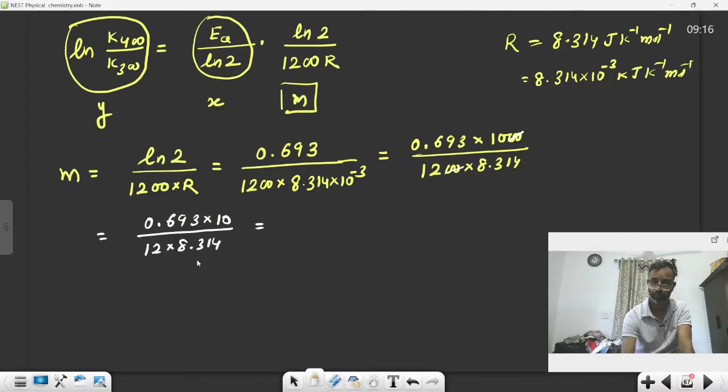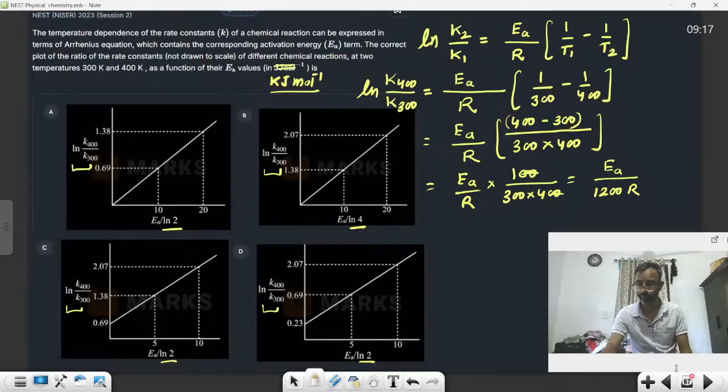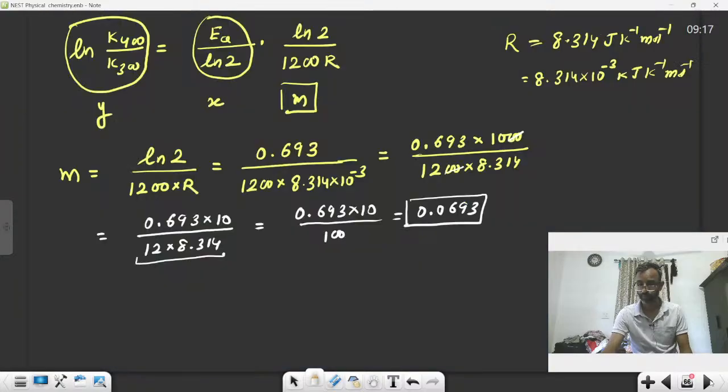So it is almost 100 because 12 into 8 is 96. It becomes 0.0693. So slope should be 0.0693, and it is a straight line graph.